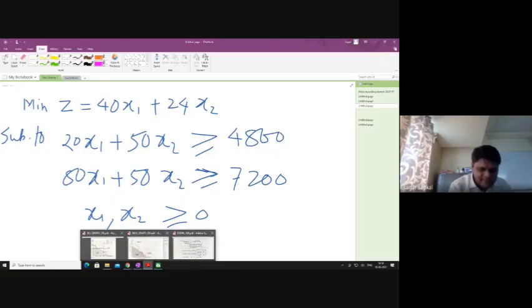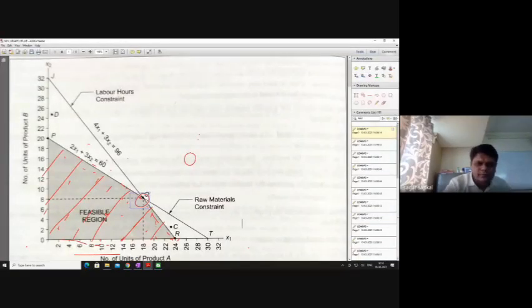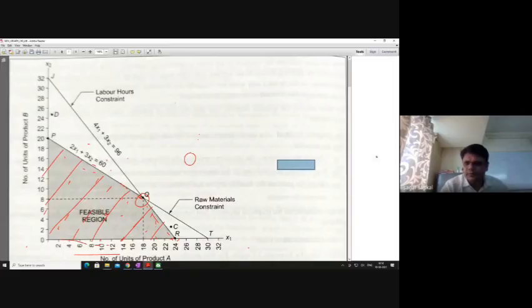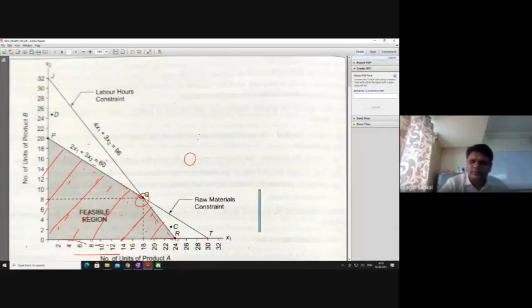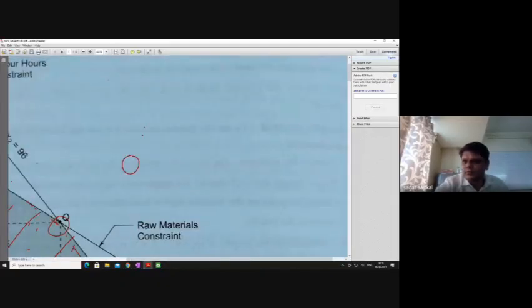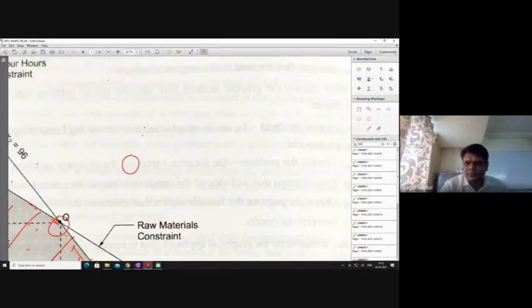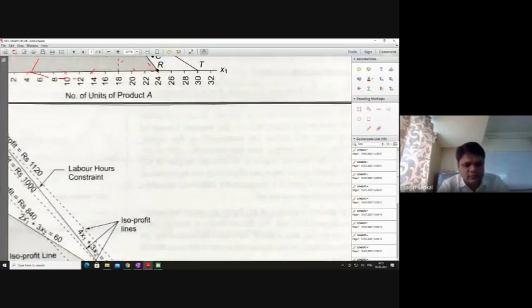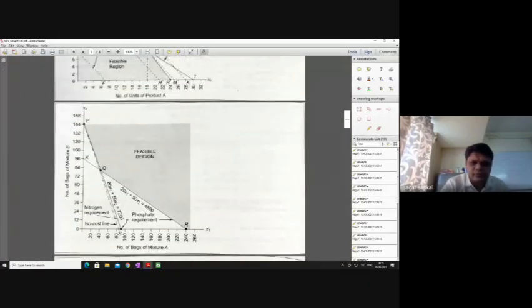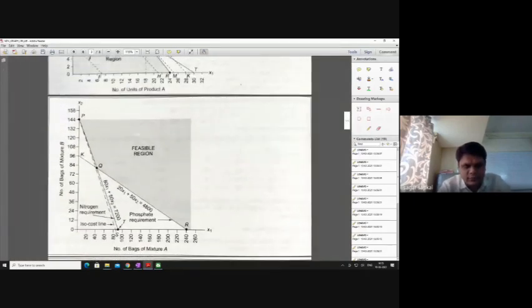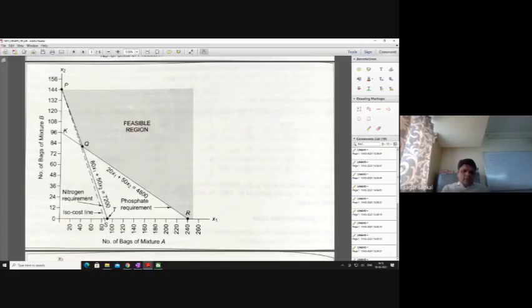Okay, now check that. The line 20x1 plus 50x2 is having 96 as a coordinate on x2 and 240 as a point on x1 line.